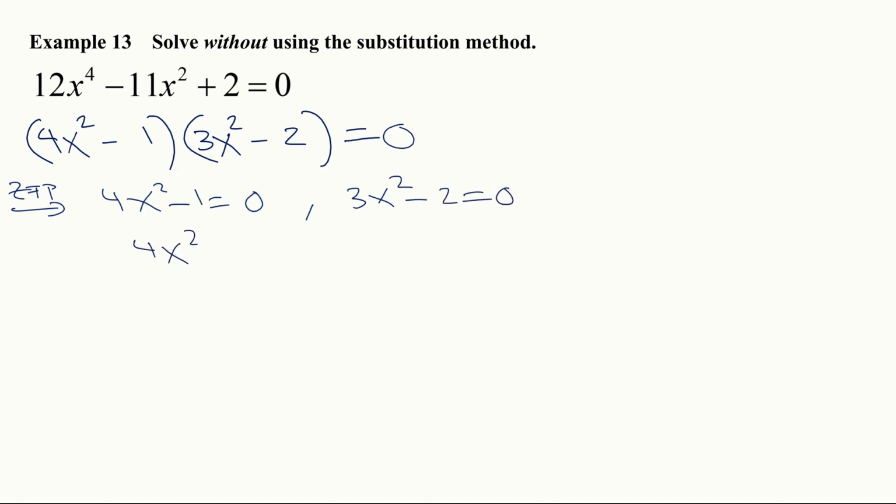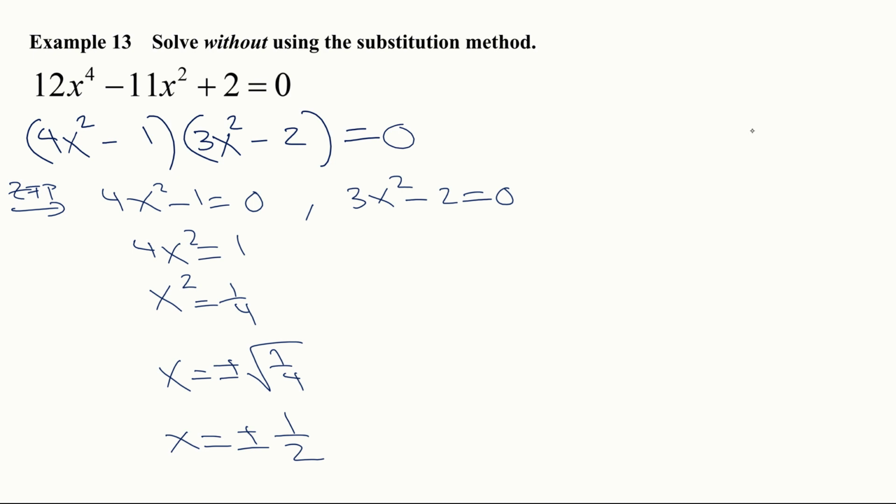So 4x squared equals 1, x squared equals 1/4. The rest should look familiar, right? So x equals plus or minus square root of 1/4. So x equals plus or minus 1/2. Same thing over here. 3x squared equals 2. So x squared equals 2/3. So x equals what?